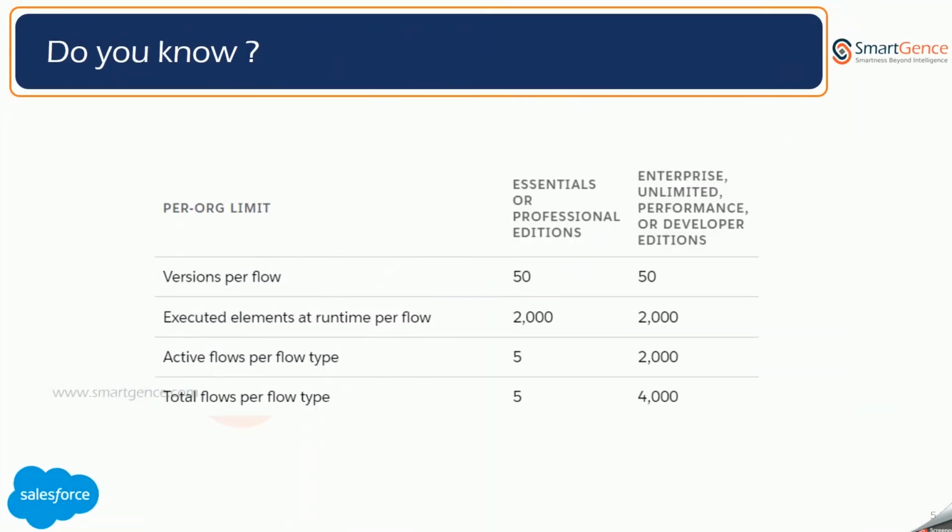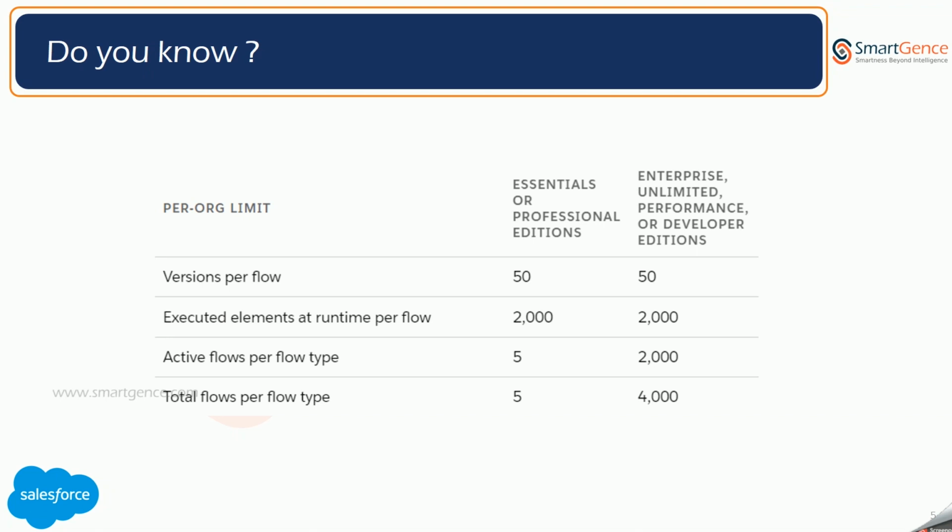Then some quick facts. As almost every other functionality in Salesforce, we have some limits. We can have multiple versions of a flow. The maximum limit of versions per flow is 50 for Essentials, Professional, Enterprise, Unlimited, Performance or Developer editions of Salesforce. And we have those elements in flows, which we'll be talking about in some time.